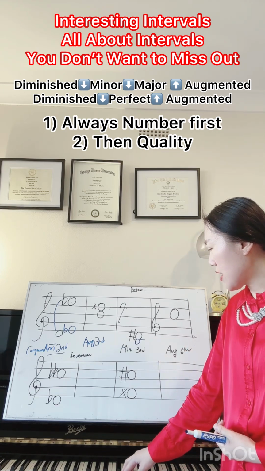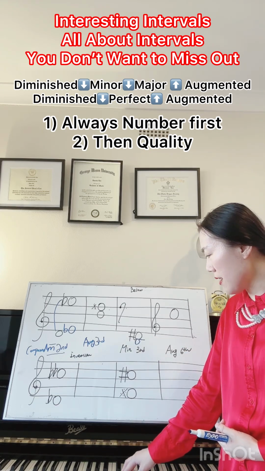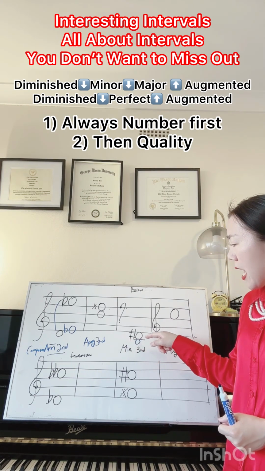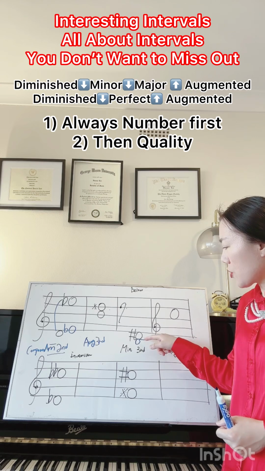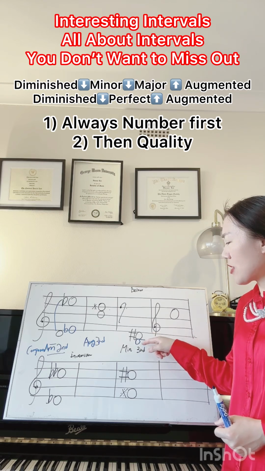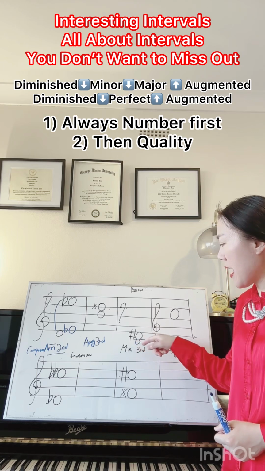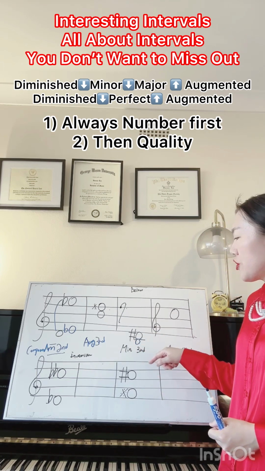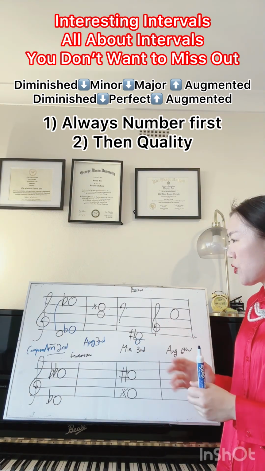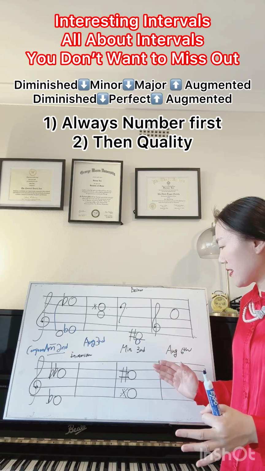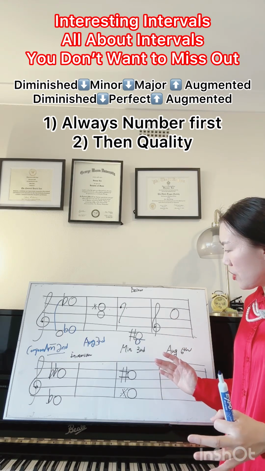Now you're trying to turn major into minor. Without any accidental on the lowest note, it's D major, so a major third, but now we're trying to turn it into minor by adding an accidental. So from major to minor, do we need to reduce the distance or extend the distance? We have to reduce it.